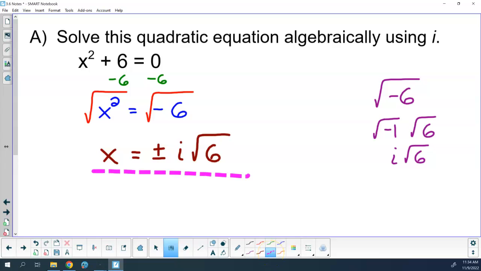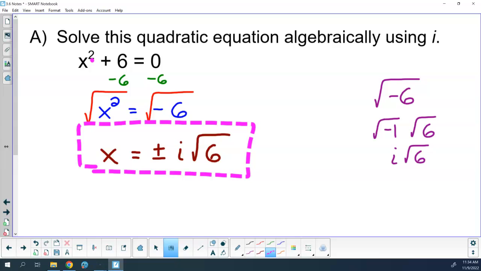So then this is going to be plus or minus i square root of 6. And that gives me, remembering back to last week, we needed 2 answers because our degree is 2. That gives me my 2 answers. One of them is positive i square root of 6. The other one is negative i square root of 6.